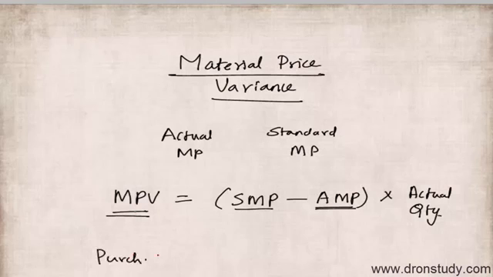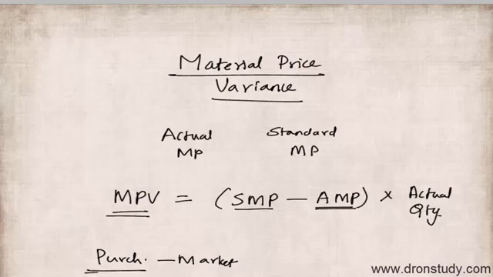So purchase department is expected to perform its function very prudently so that the company never suffers a loss due to its inefficiency. And purchase department is held responsible for adverse price variances which arise due to reasons which are within the control of the department.